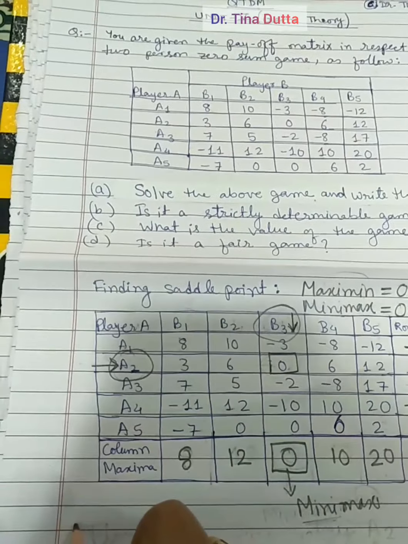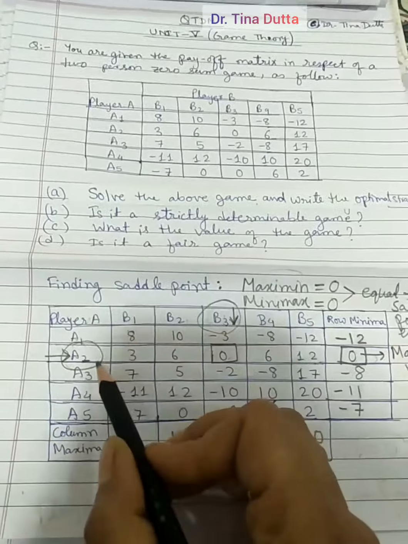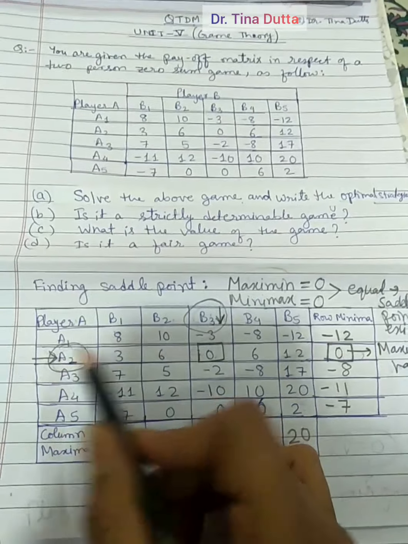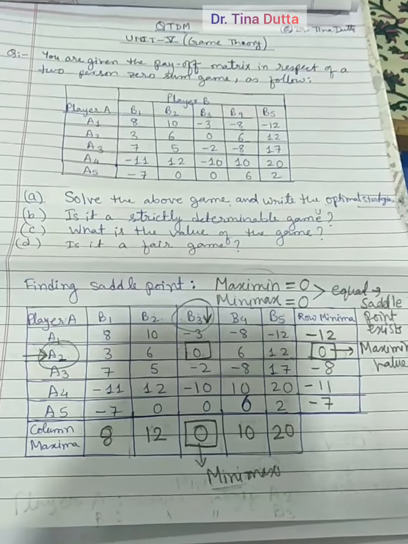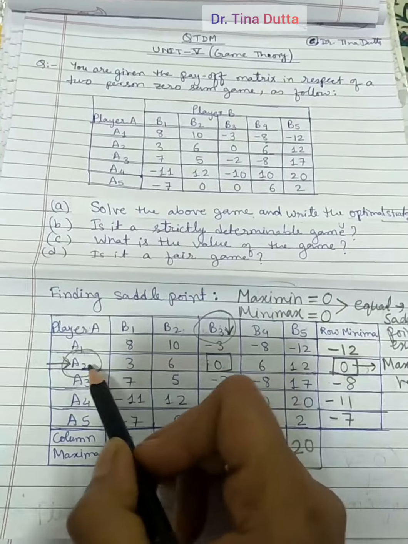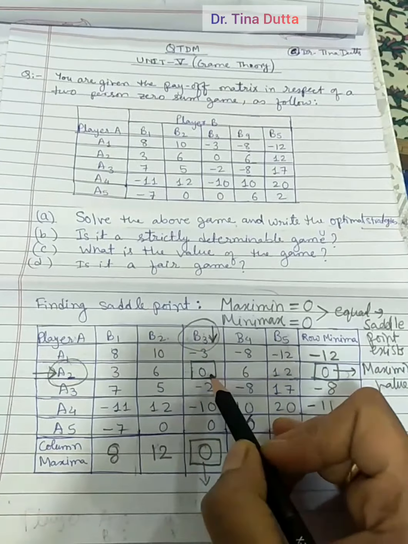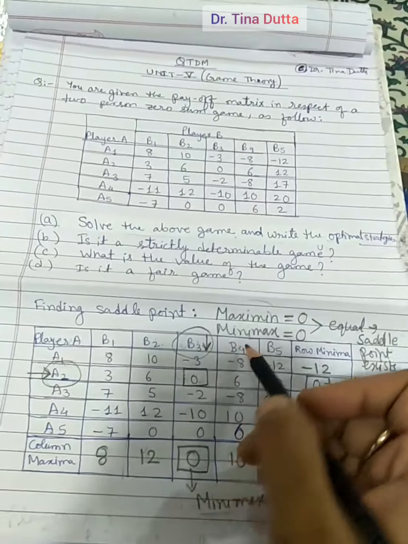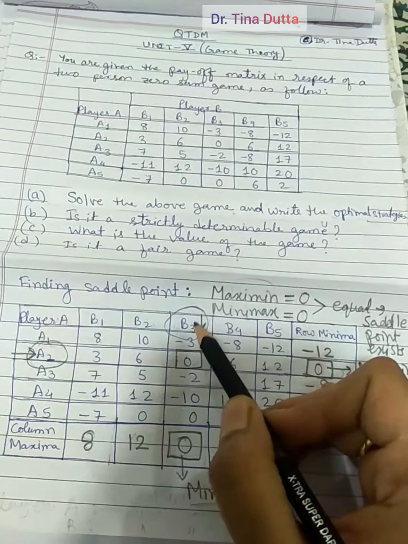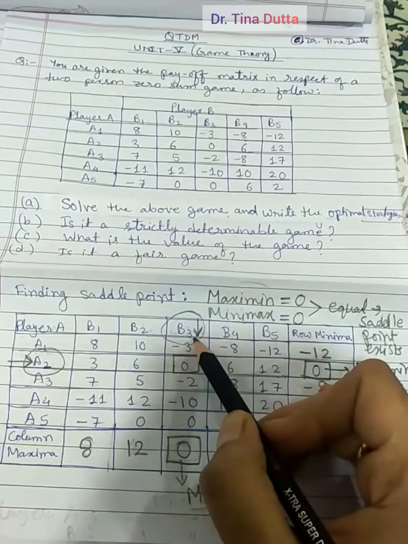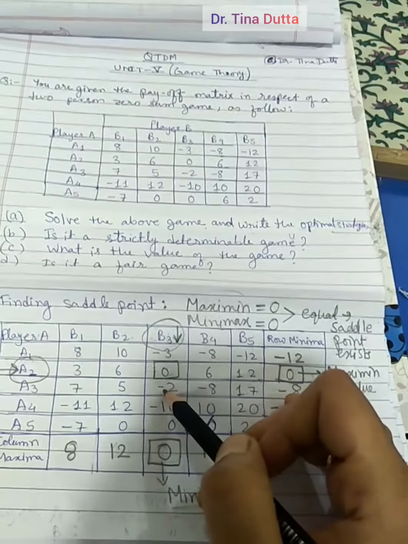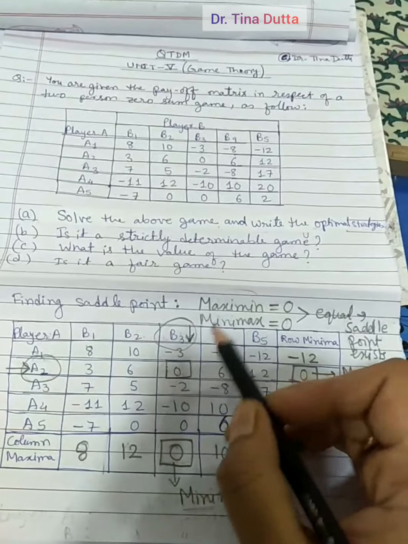The optimal strategies are pure strategy because for sure player A is going to adopt strategy A2 all the time, because it is giving player A minimum assured gain, and player B is always going to adopt strategy B3 because it is preventing player A to gain more than 0.